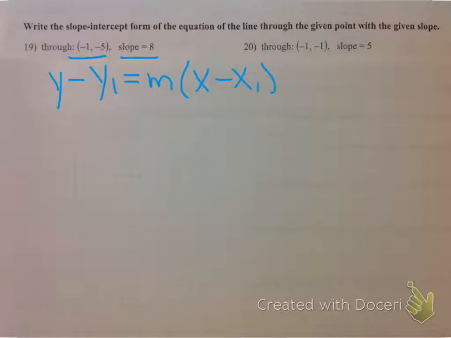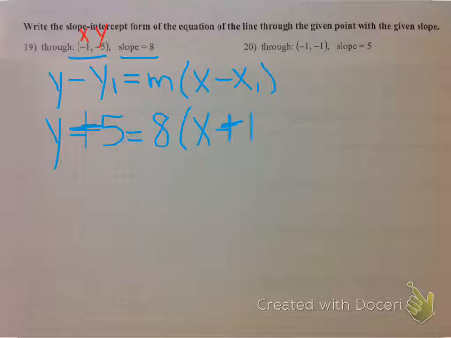Then we're going to go ahead and substitute each one. So let's label our points. And let's go in and substitute. So y minus negative, which becomes plus 5 equals m, which is my slope, 8, open parentheses, x minus negative 1. My x sub 1 is negative, so it becomes plus.